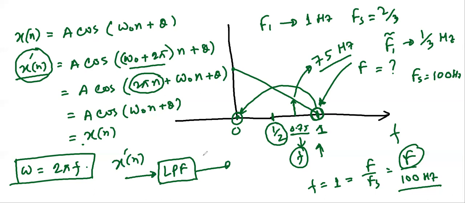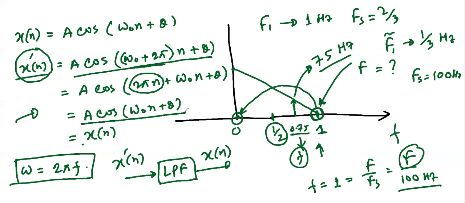I get the output as x[n], because it suppresses the higher frequency component and gives the low frequency. It also shows that this higher frequency and this low frequency are alike. That means they are aliases.